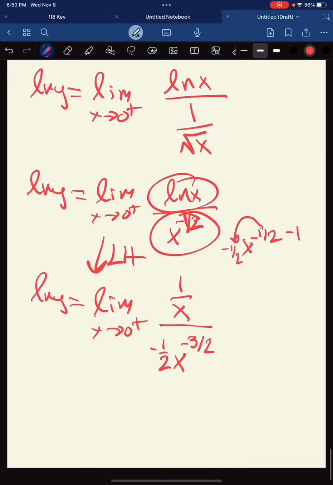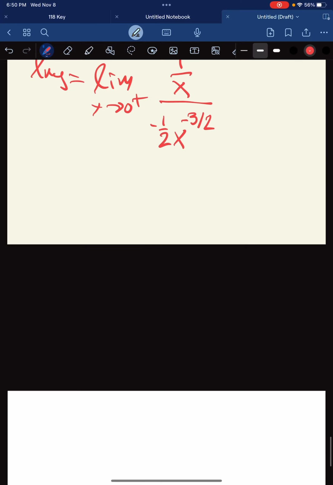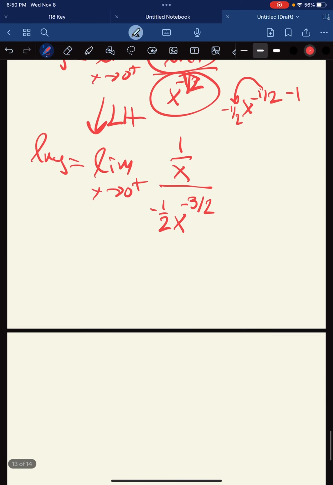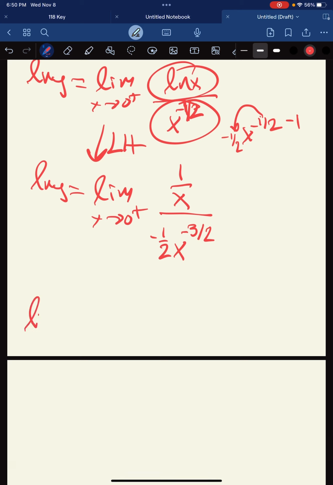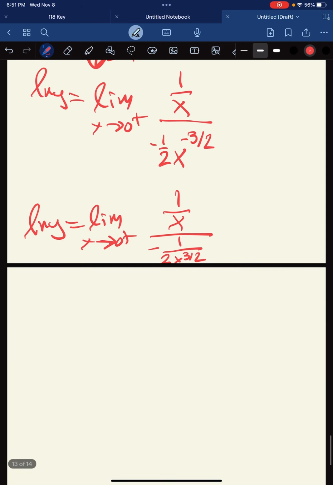So now we can get rid of that negative exponent by moving it into that denominator. Two x to the 3/2, and then now remember, dividing is the same thing as multiplying by the reciprocal.